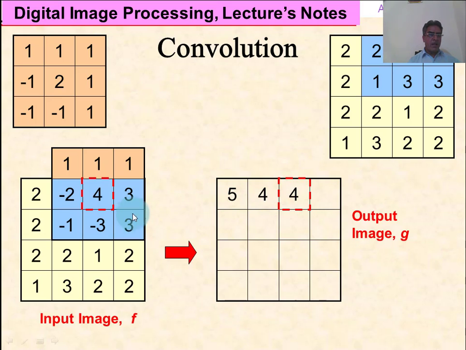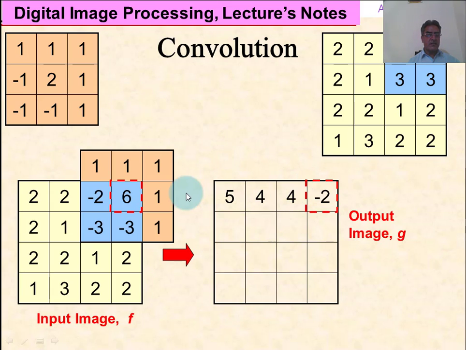Then the resultant value will become 4, and similarly for all other cell values, the mask or the filter will slide one by one on the input image. Now it has slid over the third pixel of the input image, and modified it into 4, and then the last pixel of the input image, 4, has been modified with minus 2.